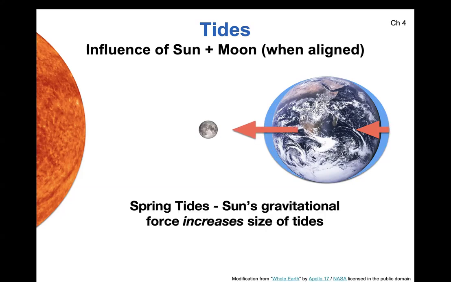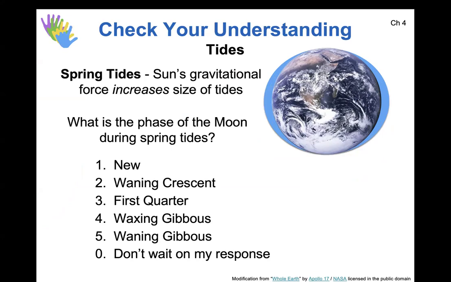And when they're not aligned, then we have neap tides, which are a little bit weaker than they would be otherwise. And it's neap, N-E-A-P. So spring tides, the sun's gravitational force increases the size of tides. What is the phase of the moon during spring tides?